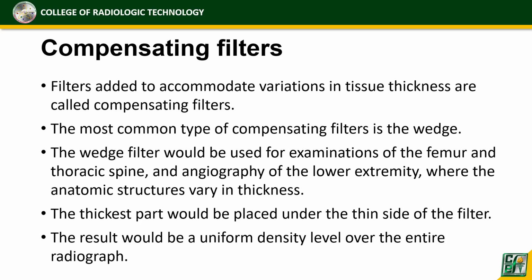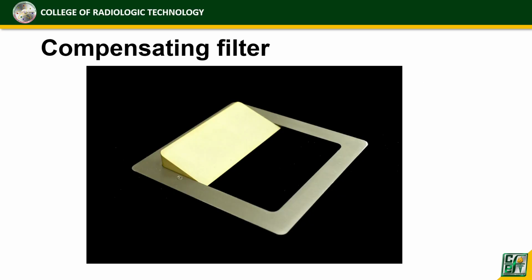Okay, so thickest part would be placed under the thin side of the filter. Okay, and of course, yung thinnest part naman ilalagay mo sa thick side ng filter. Eh dahil sa filter na yan, the radiograph will have uniform density. So that is an example of compensating filter.